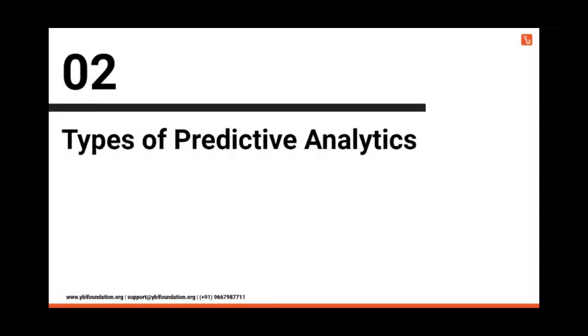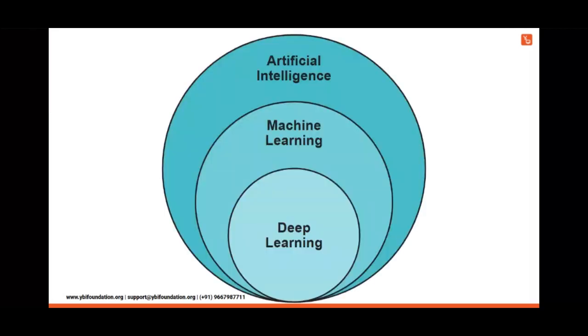There are a couple of predictive analytics types or problems, and to solve those problems there are some types as well. Broadly, the broad umbrella is AI. Many predictive problems are a hybrid of some machine learning algorithms, some AI, and some IoT, and so on.